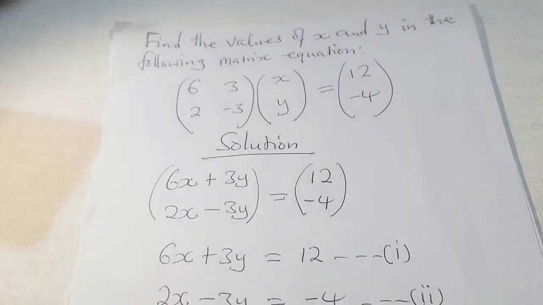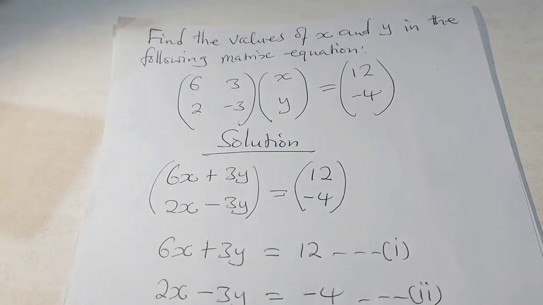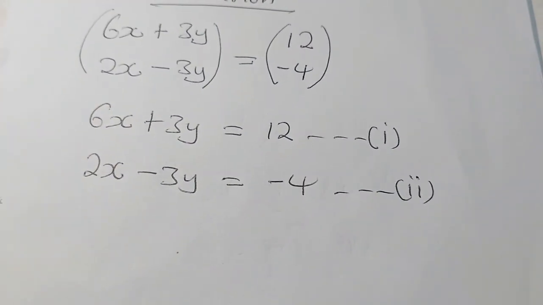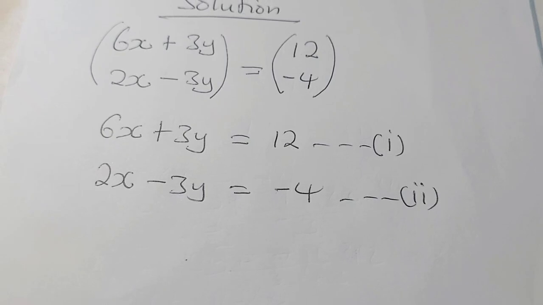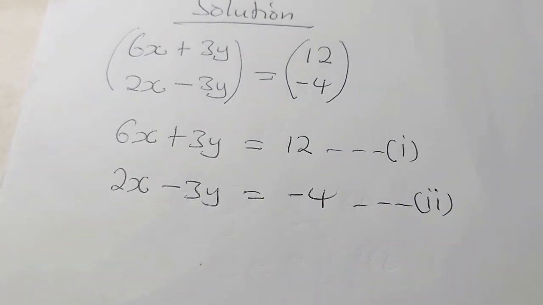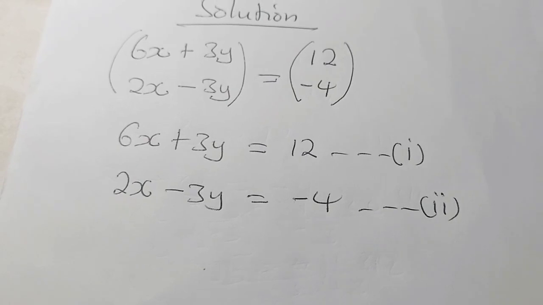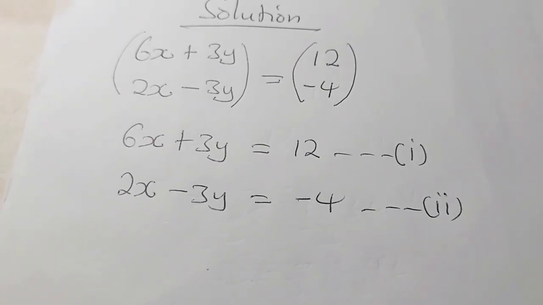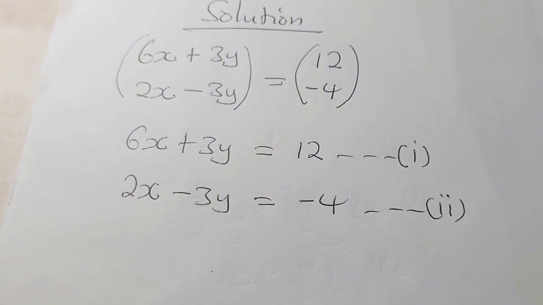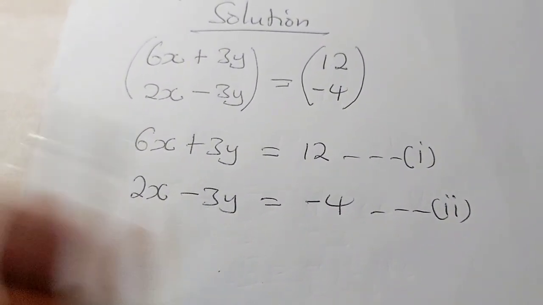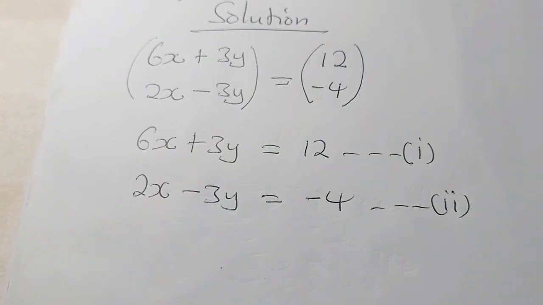So there we are. We have come up with the equations. We are going to solve these equations as simultaneous equations. There are many methods of solving simultaneous equations, but as for me here, I'll go by what we call the substitution method. So let me use the first equation.